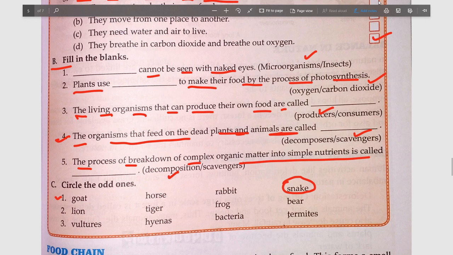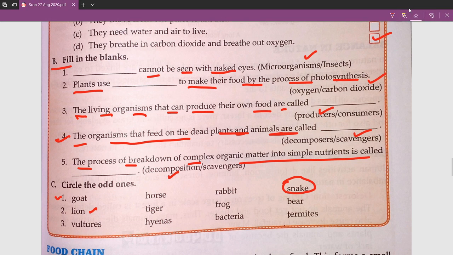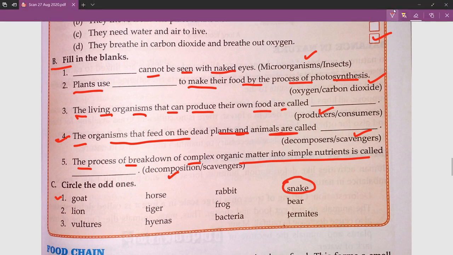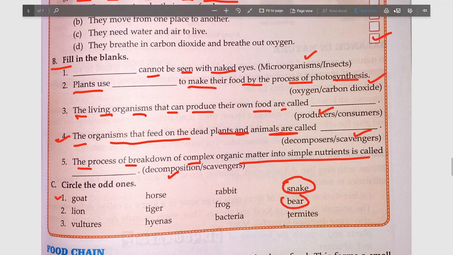Now lion is carnivorous, tiger is carnivorous, frog is carnivorous, but bear is omnivorous, so it is the odd one.